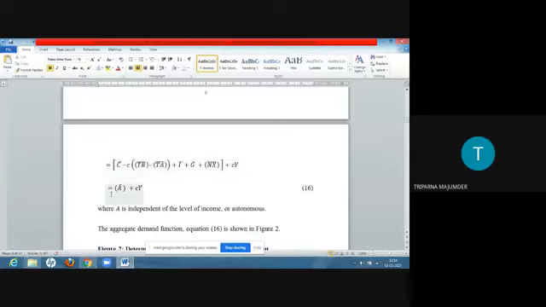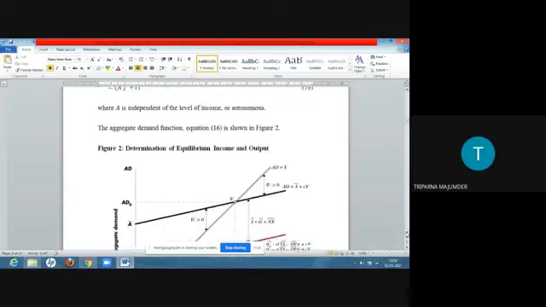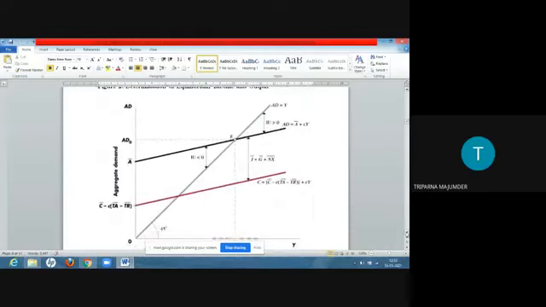If we say that the entire value of the square brackets can be represented as A bar, we have the aggregate demand function as A bar plus CY, where A is independent of the level of income, or autonomous. Now, the aggregate demand function of equation 16 can be shown in figure 2.